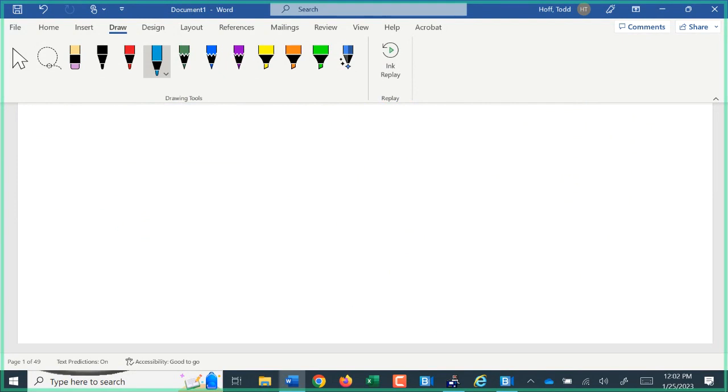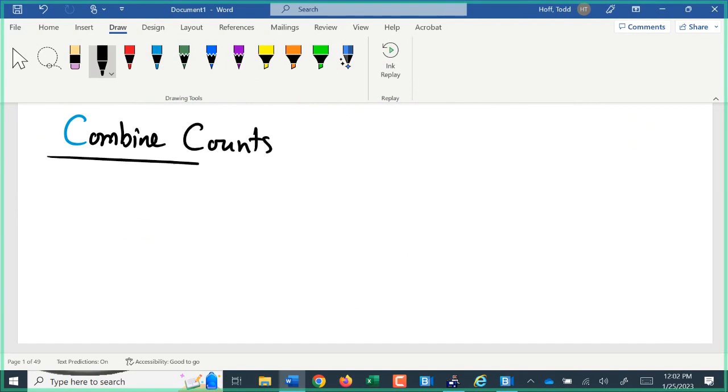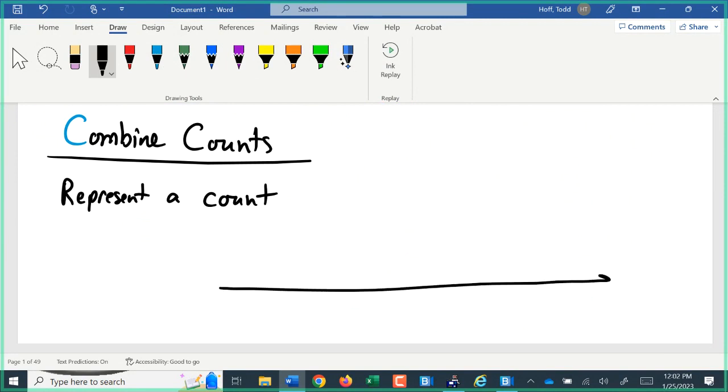So next, we want to look at this process of mechanically combining the counts. At this point, we've assumed that you could combine the numbers, but let's look at how it's actually done. And to do that, we first need to look at how we represent an amount, representing a count. And the most useful way that we can do that is on a number line.